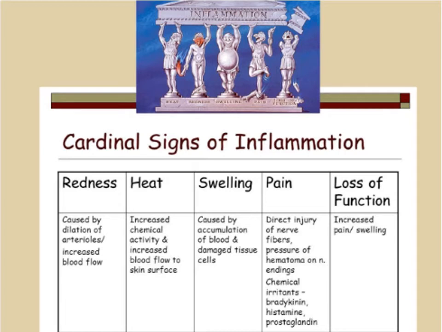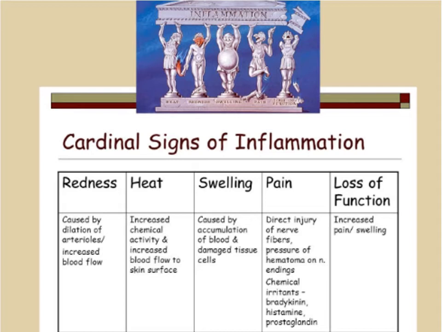Okay. Pain. So there's nerve fibers throughout tissues, and those nerve fibers are responding to some of the chemical irritants that we'll talk about that are being released by the white blood cells, such as bradykinin, histamines, prostaglandins.